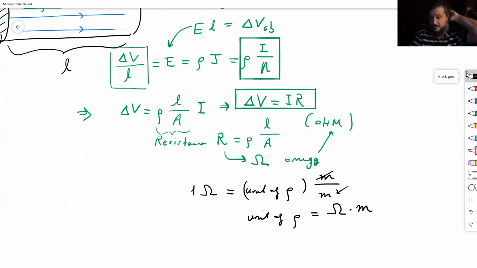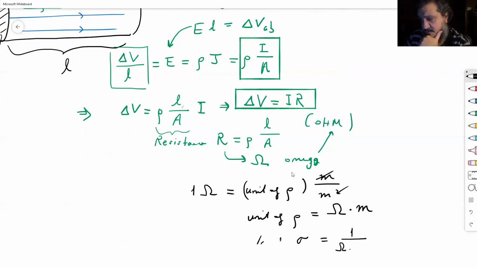When you look up your number in a table, copper resistivity, such and such, ohm meters. Of course, the unit of conductivity would be 1 over ohm meters.